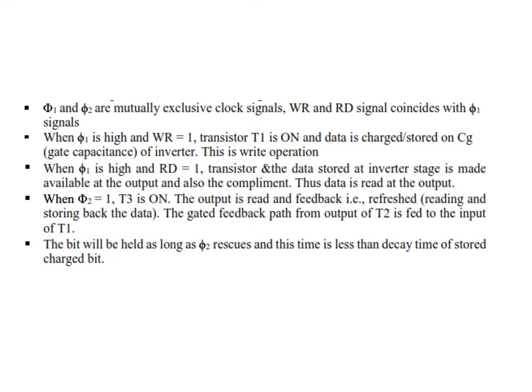When phi 2 is equal to 1, transistor T3, the feedback transistor, is on. So it has to be periodically refreshed. The gated feedback path from the output of T2 is fed to the input of T1, and the bit will be stored as long as phi 2 is applied, and this time is less than the decay time of the stored charged bit.